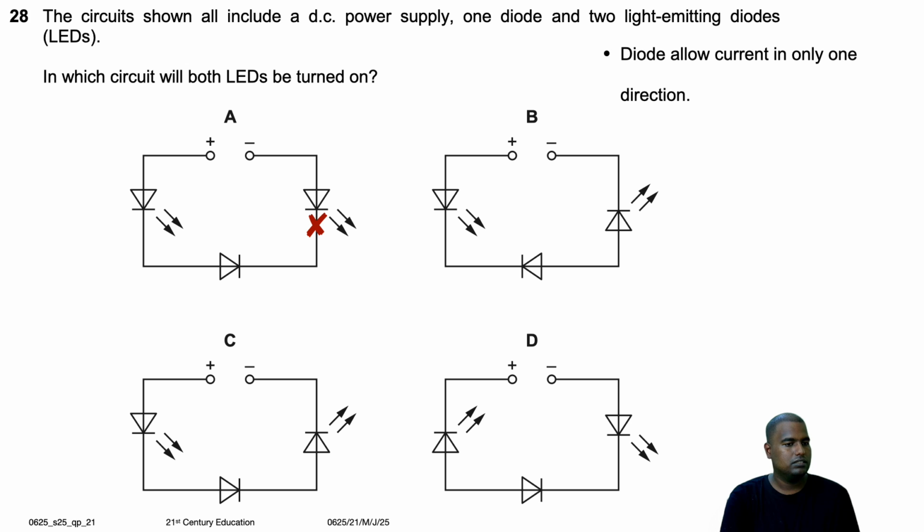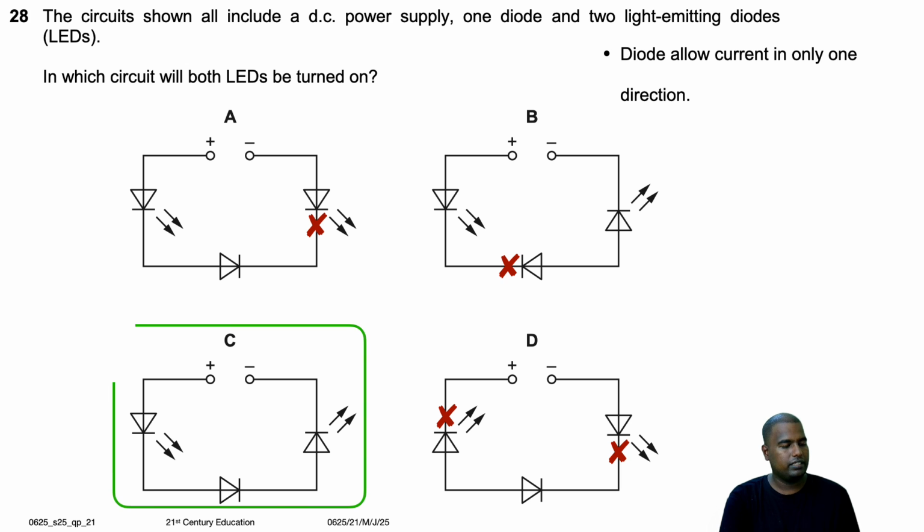In B, the middle diode is in reverse bias, so it is wrong. I think C is right. In D, the left diode is wrong. So only in C are all the diodes right, so only in C will both LEDs be turned on.